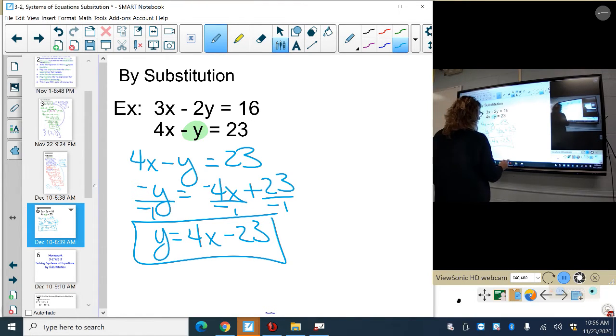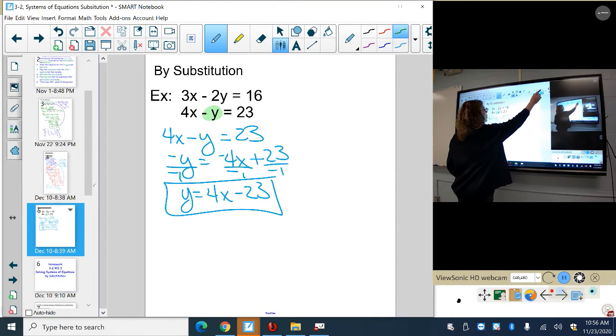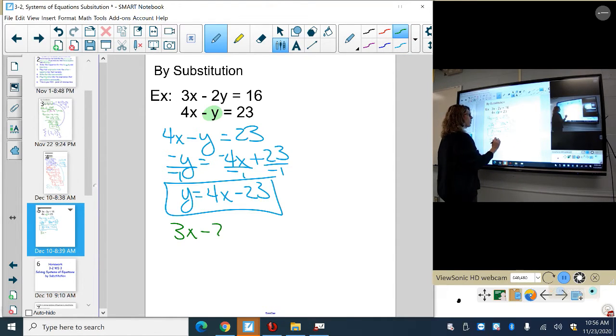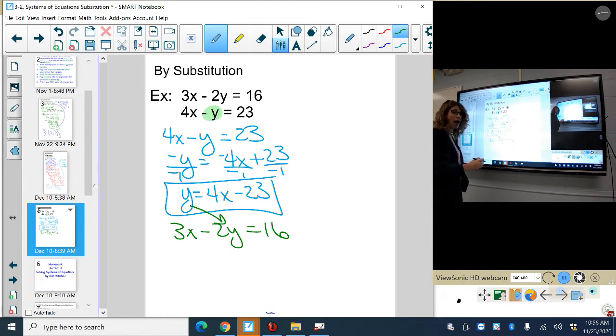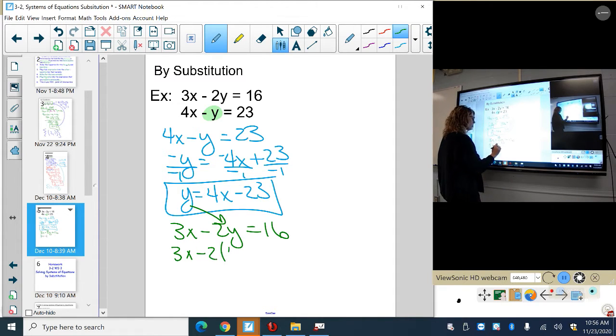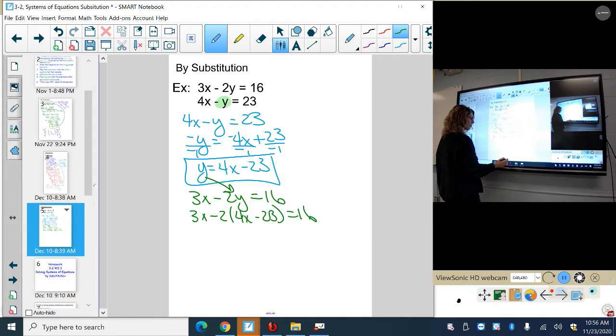So now we're going to use the top equation that we have not used yet. 3x minus 2y is equal to 16. And every place I see a y, I'm going to put the box expression of 4x minus 23 in there. So 3x minus 2 times 4x minus 23 is equal to 16.